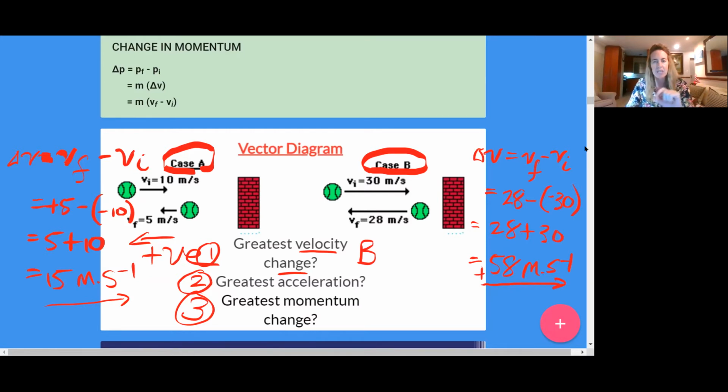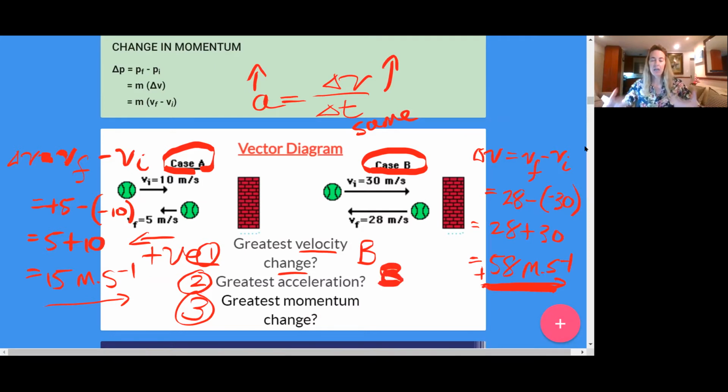Where do you have the greatest acceleration? Now, remember, acceleration is the rate of change in velocity. So it's delta V over delta T. If in both of these cases, the ball makes contact with the wall over the same period of time, but only the velocity changes, the greater velocity change would yield the greatest acceleration, which will obviously be that for case B. The greatest change in momentum, as we know, change in momentum is mass multiplied by the change in velocity.